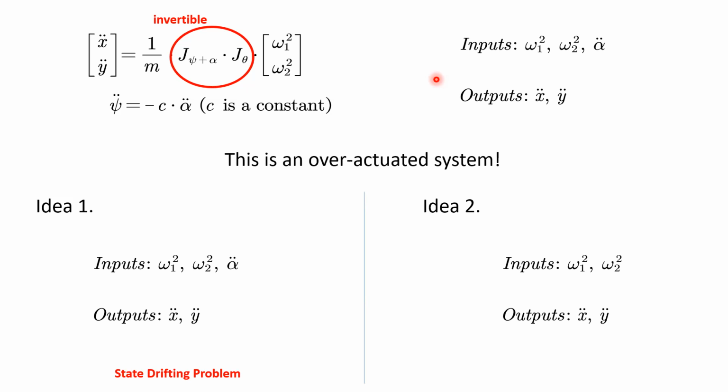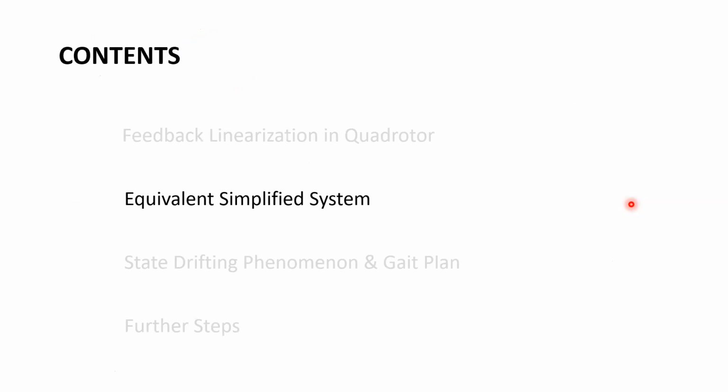Here, we only select omega 1 and omega 2 as inputs. Alpha is planned in advance. Thus, using this idea, we need to solve the Gait plan problem. As I mentioned, we need to plan alpha in advance. I will introduce these 2 methods in the next section. So this is the end of the dynamics of the model.